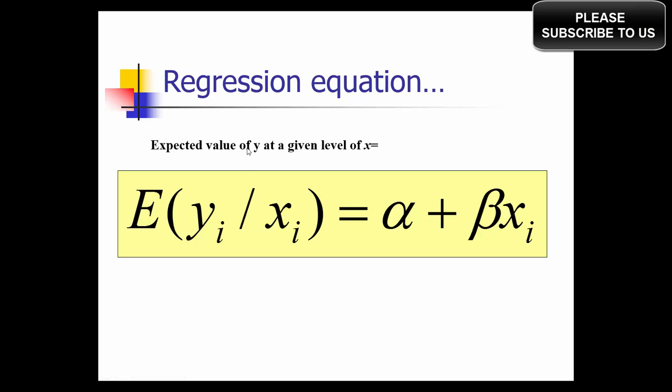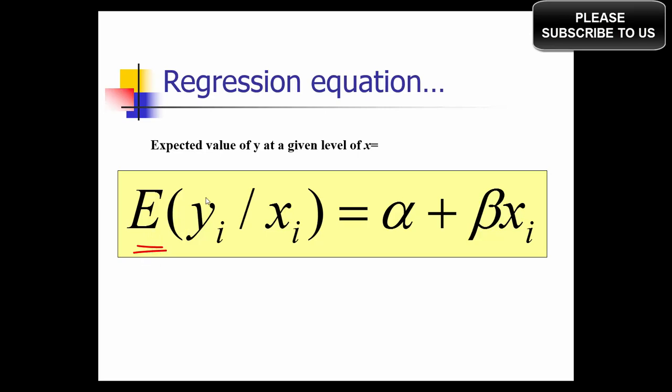Regression equation. In more mathematical form, we can write the regression equation like this. Expected value is nothing but the average value, or what we are expecting from a given data set.